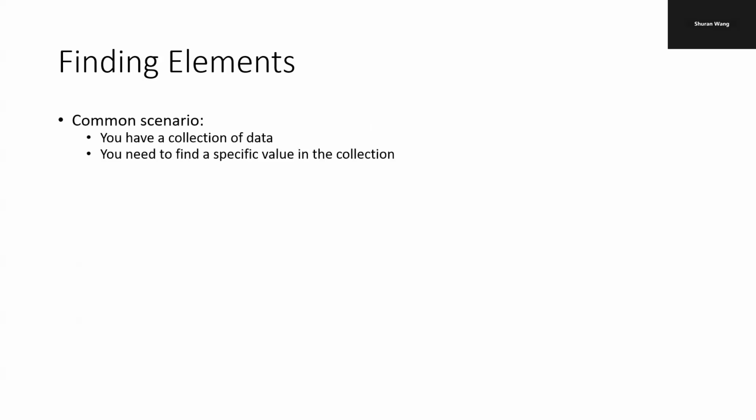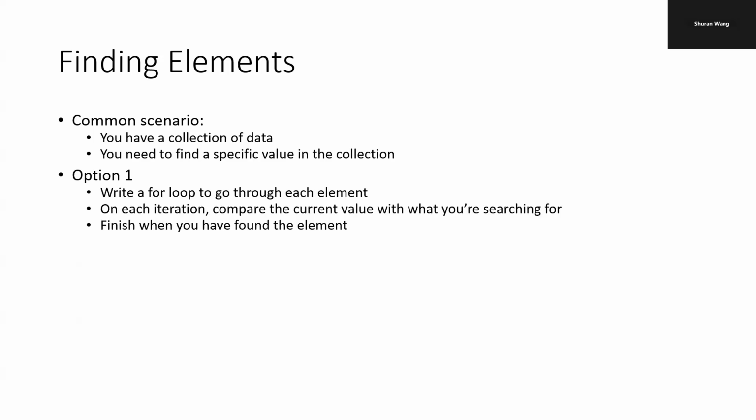There is a function defined in the algorithm library for finding elements. It's a really common scenario. You have a collection of data, it's stored in some container. You need to find a specific value in the collection. In most of the containers, the find function is already defined for you.